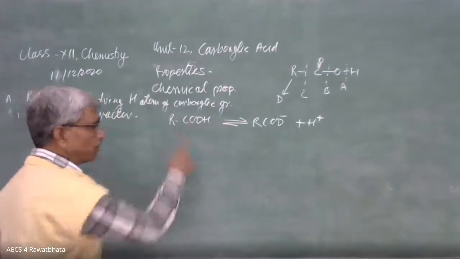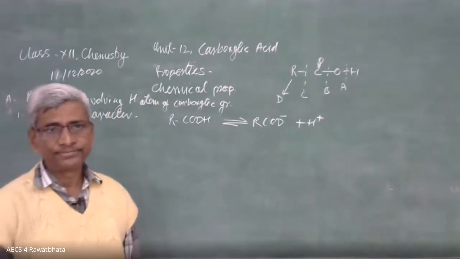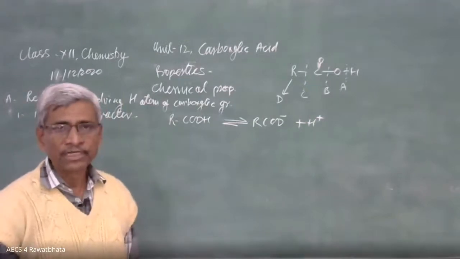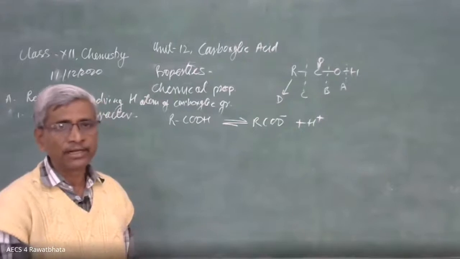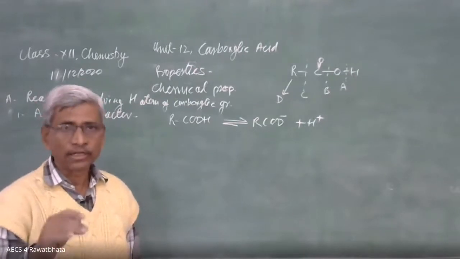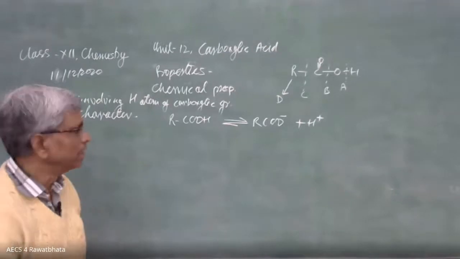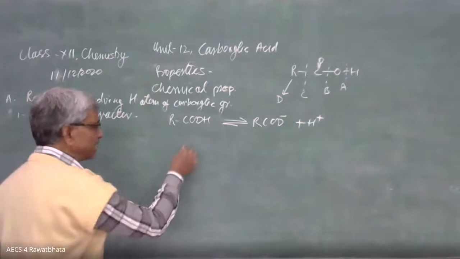In carboxylic acid, that negative charge is partially divided. That's why its delocalization is not as perfect as in carboxylate ion. That's why carboxylate ion is more stable, and acetic acid or carboxylic acid easily ionizes to give stable carboxylate ion and provide hydrogen ion.